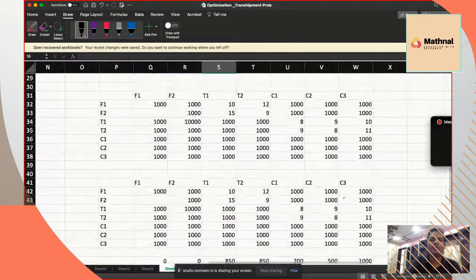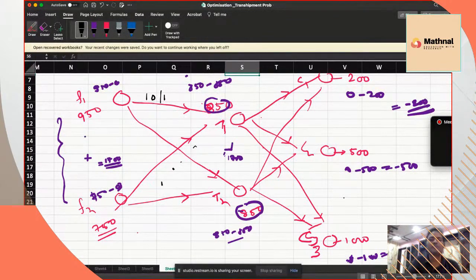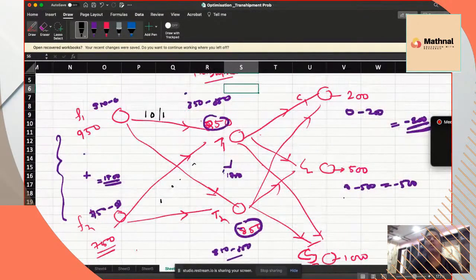Now, our objective is to minimize the cost per kilometer. Our objective is to minimize the cost of travel in such a way that we meet the demand of the customers.